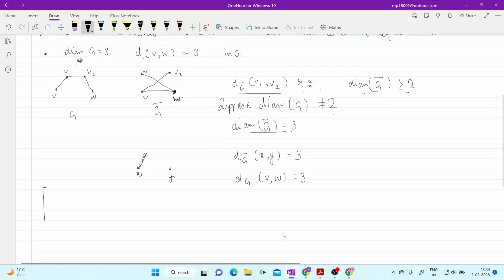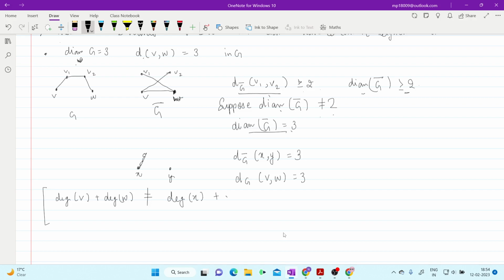Now to arrive at a contradiction, we'll show this claim, that degree of V plus degree of W is not equal to degree of X plus degree of Y in G. So if we show that these two things are not equal, then we are done. Why are we done?